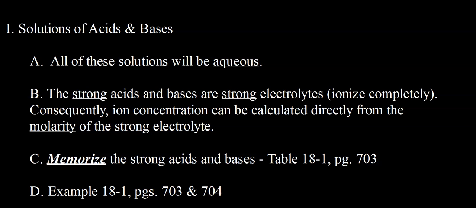Go to example 18.1 on page 703 and read along with me. It says calculate the concentration of Ba2+ and OH- ions in 0.030 molar barium hydroxide. So let me just walk you through it and set it up for you. I always want to start off with the balanced dissociation equation or balanced ionization equation.